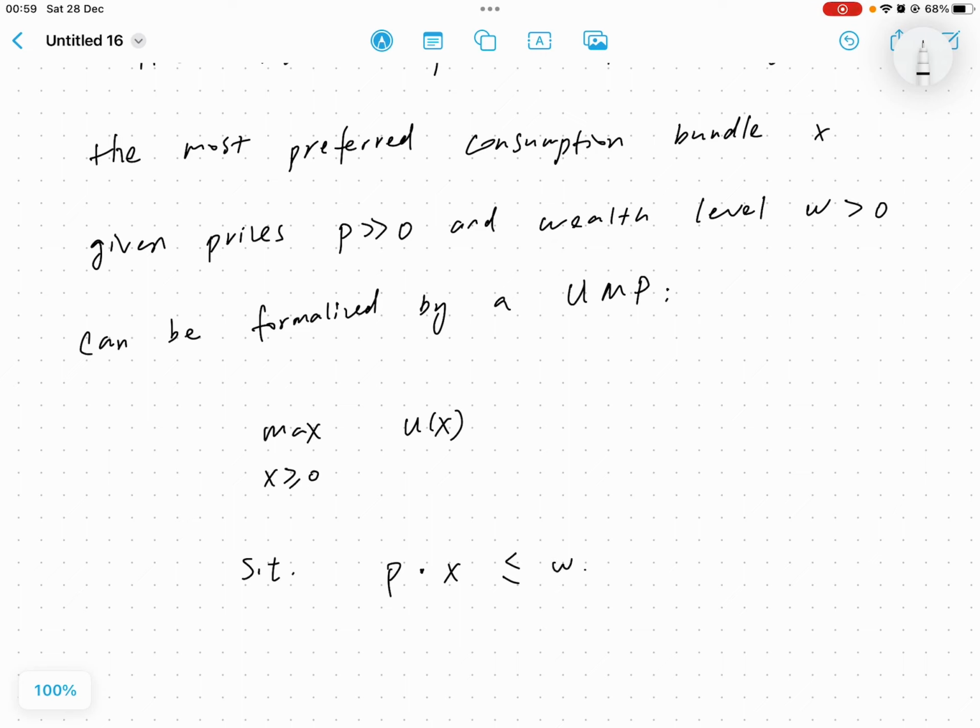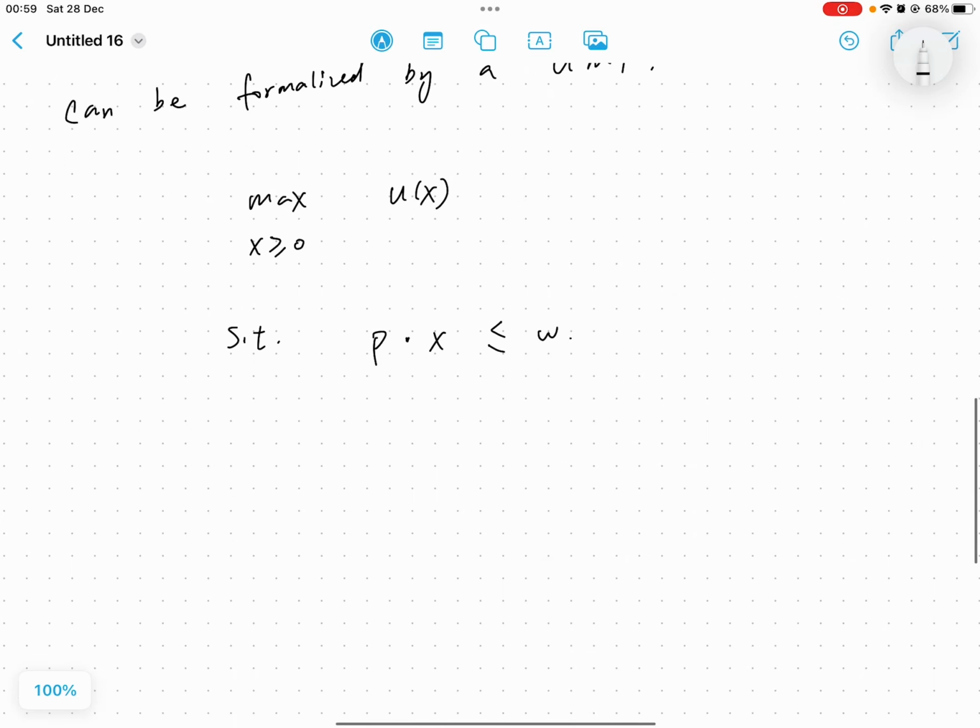So in the utility maximization problem, the consumer simply chooses a consumption bundle in some budget set. Here we give this budget set a name called Walrasian budget set.